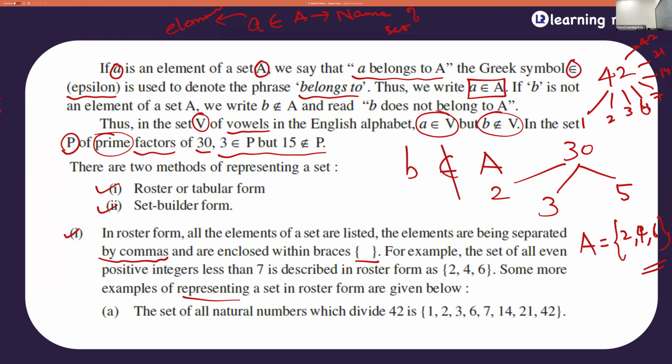Just give me a minute. Can you shift that side?